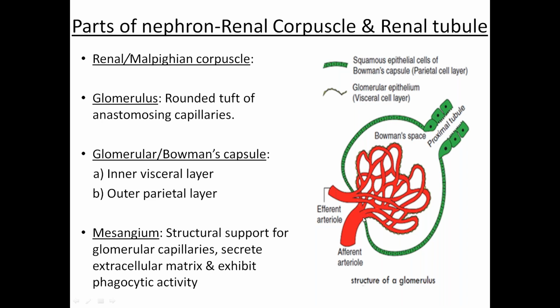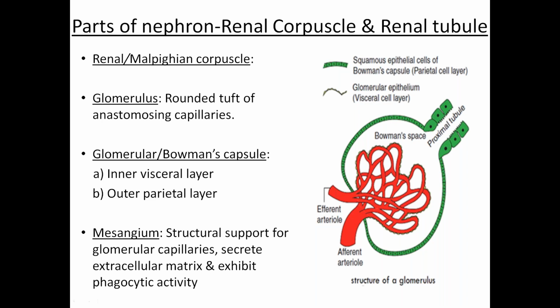The blood enters the glomerulus through an afferent arteriole. Then here is your tuft of capillaries, and then it leaves through an efferent arteriole. And please remember, an efferent vessel is an arteriole. It is not a venule, so please keep that in mind.